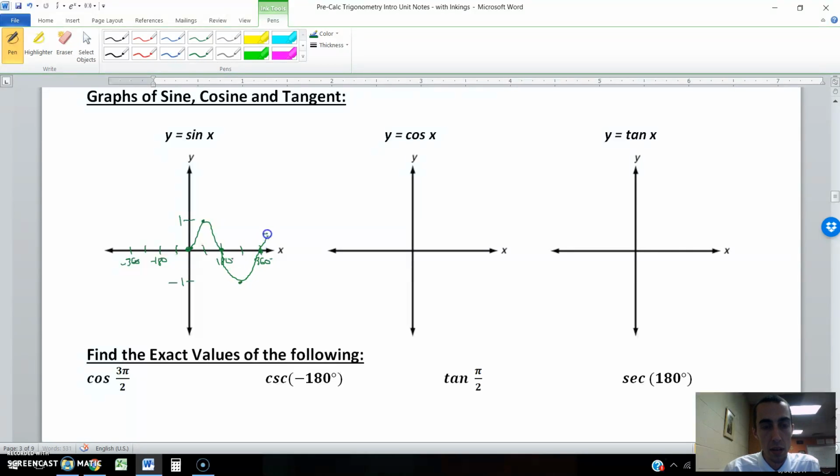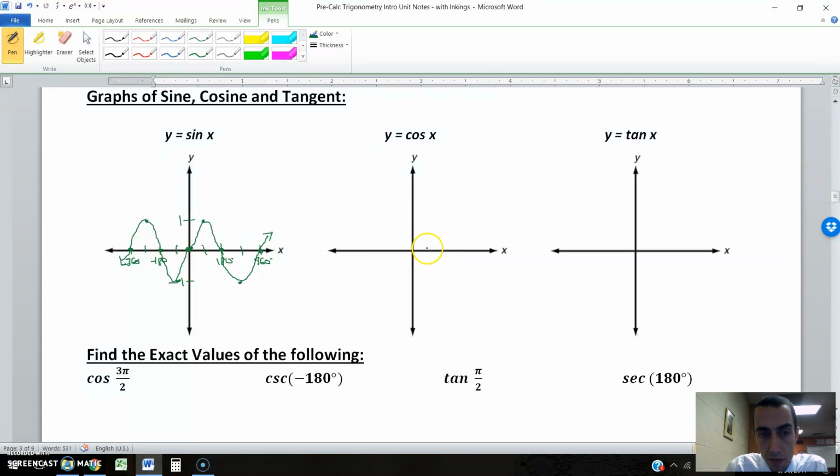And then it repeats that pattern as you go forward to the right. You go back to the left, it basically repeats it, but the opposite way. So it goes down to negative 1, up to 0, up to 1, and then back down to 0, and then it repeats the same sort of pattern.